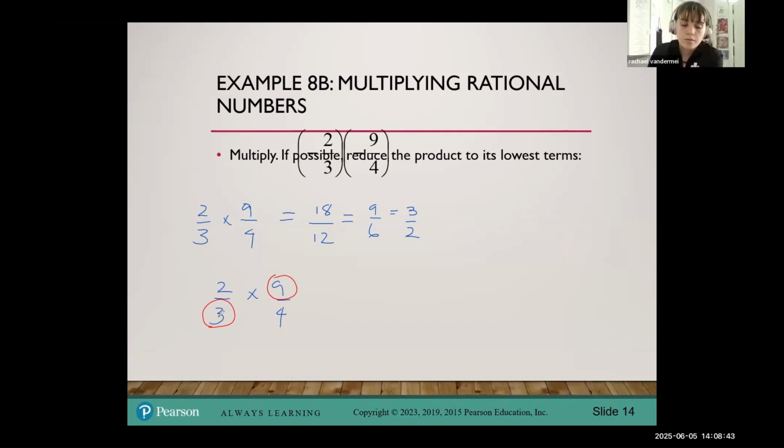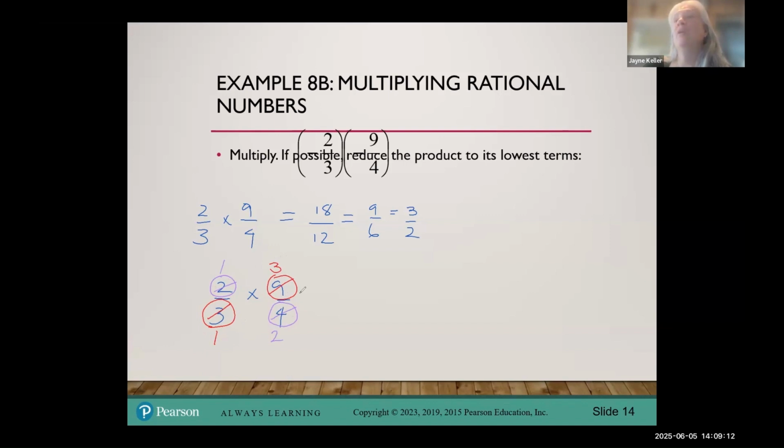So instead of waiting until I've done the problem and dividing out the 3, I can divide it out here. 3 divided by 3 is 1, and 9 divided by 3 is 3. And then I see these have a common factor of 2. So I divide 2 into here and get 1, and 2 into here and get 2.